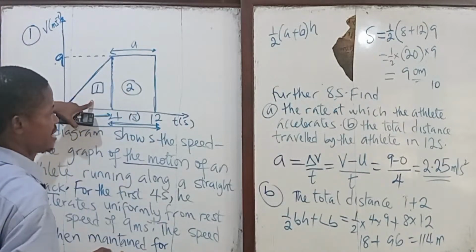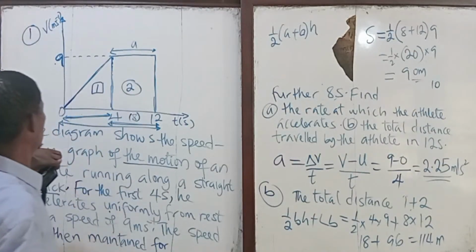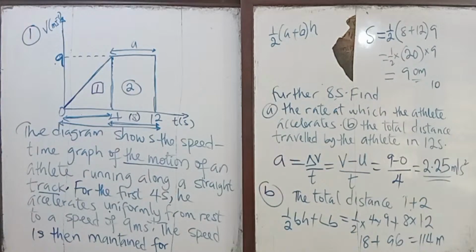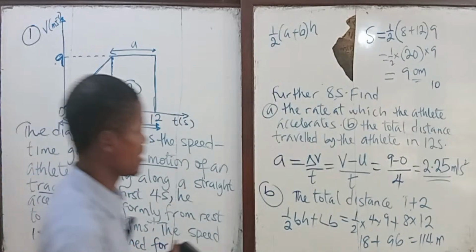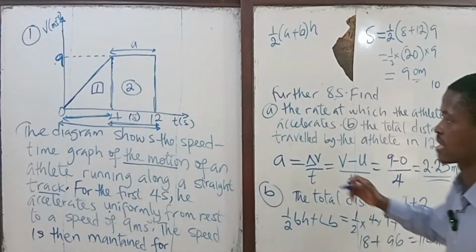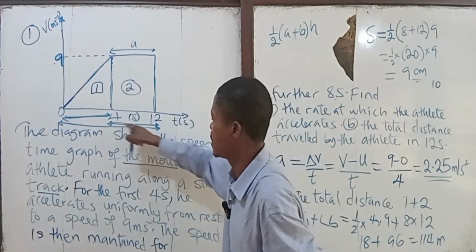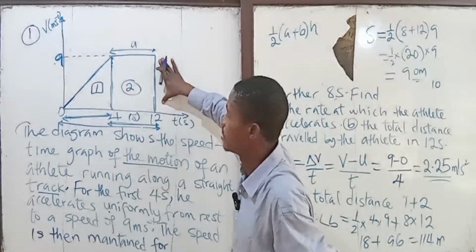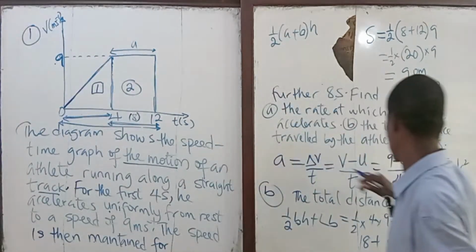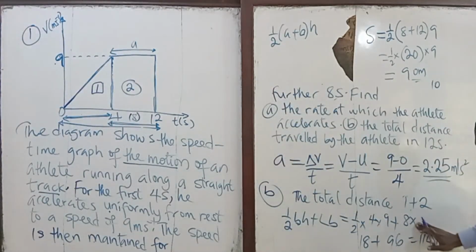So let's check the first geometry: that's half base times height. Then the rectangle is 8 times 9. This is the 8, the length, and the breadth is 9. It's not 12, it's 9 here.